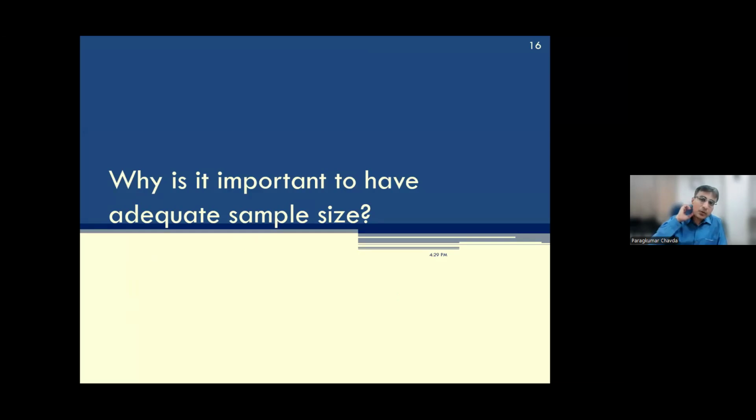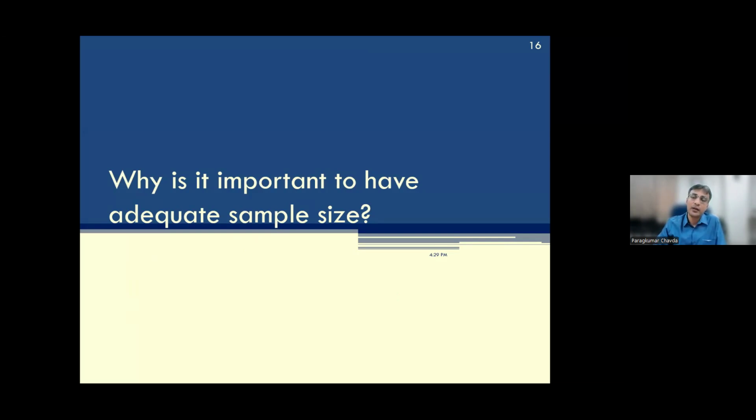Why it's important to have adequate sample size is this: when we are done with the data collection, we'll be presenting our study results to the scientific world, either as a podium presentation in a research conference, or we'll publish a manuscript of our findings.